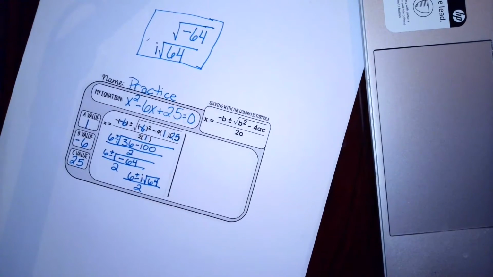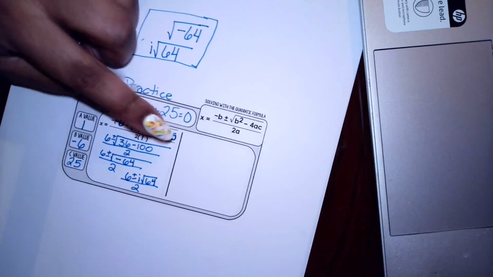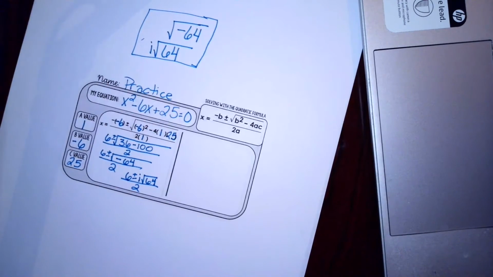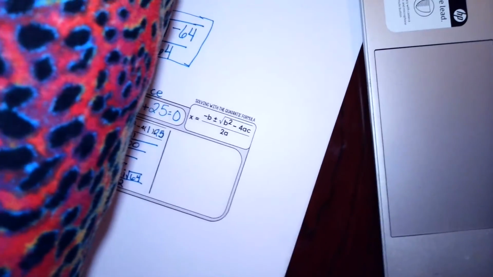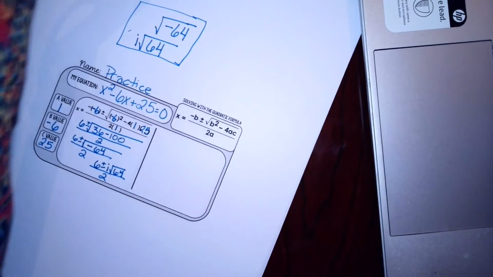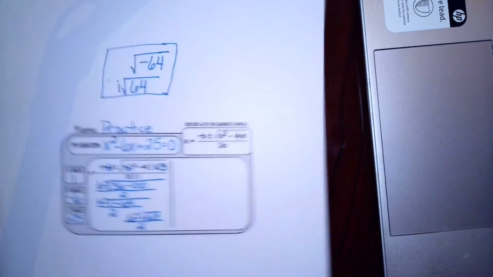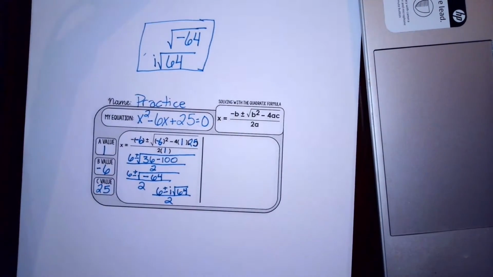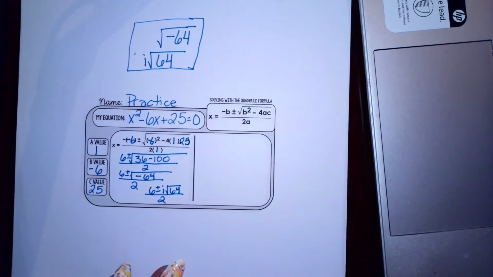I'm going to move on to the other side because I don't have much room and I write super big. Okay, we have 64 under the radical. If I take out my perfect square chart, let's see if we have 64 on here. We do, and the square root of 64 is 8.